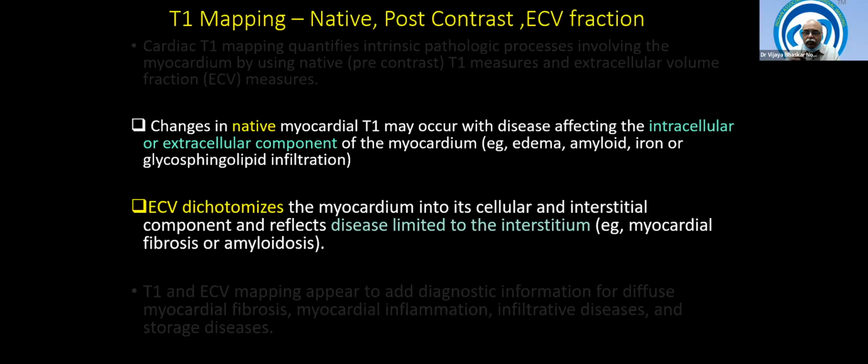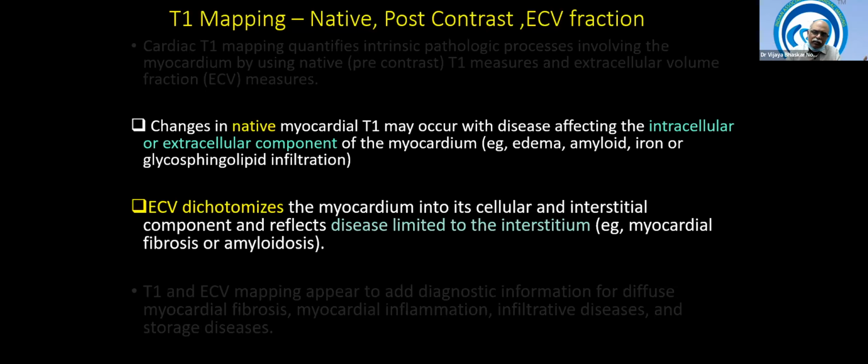Whereas the extracellular volume calculation will dichotomize the myocardium into cellular and extracellular components. This extracellular component of the matrix is the one which is more into study now, because the reactive fibrosis occurs predominantly in that particular matrix. And if you study that matrix by doing the extracellular volume, what is extracellular volume?